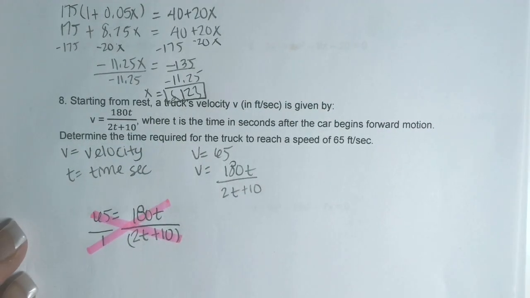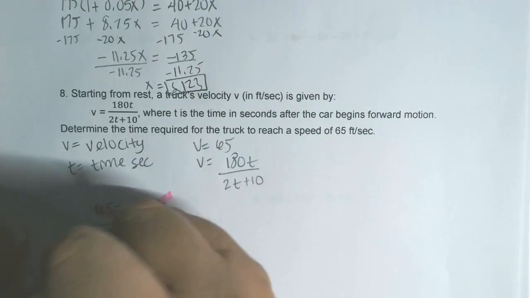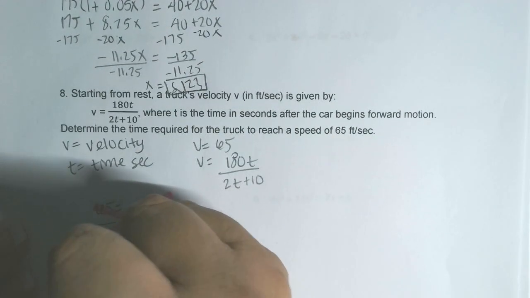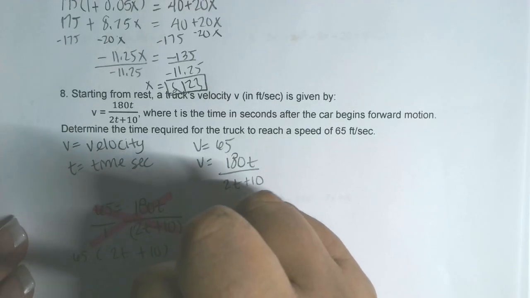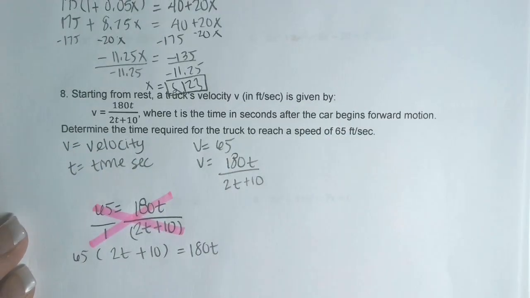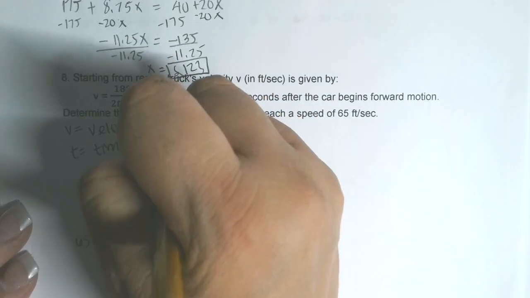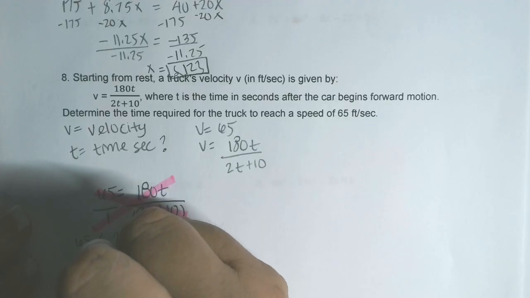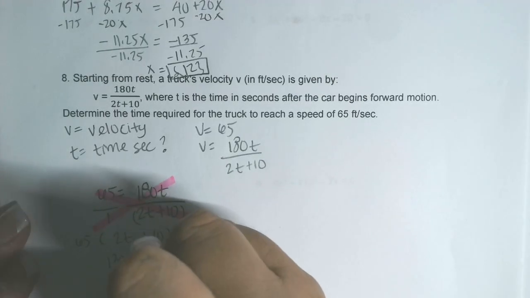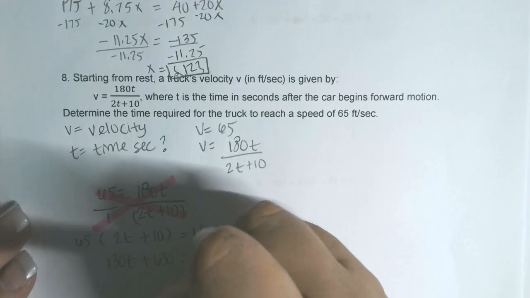So I'm going to get 65 times 2t plus 10 equals 180t, and you're solving for t, right? Because we don't know how much t is. T is the seconds. We don't know how much time it took. So 130t plus 650 equals 180t.